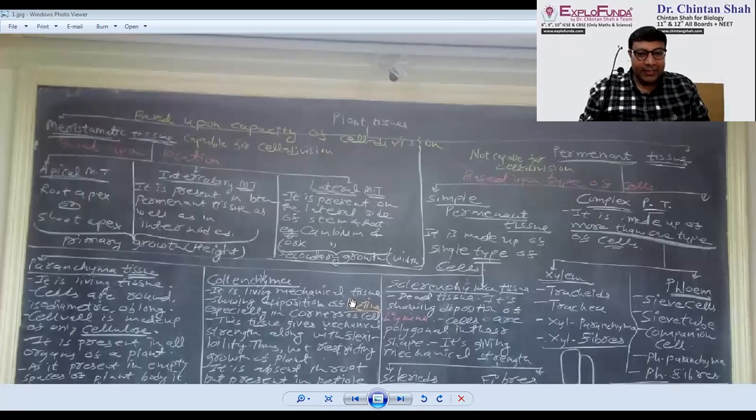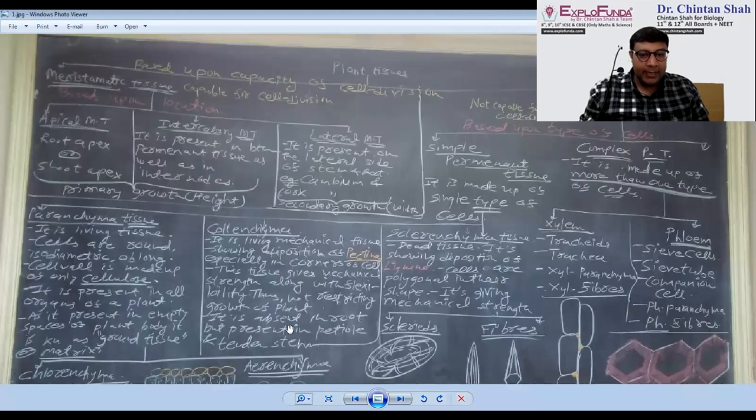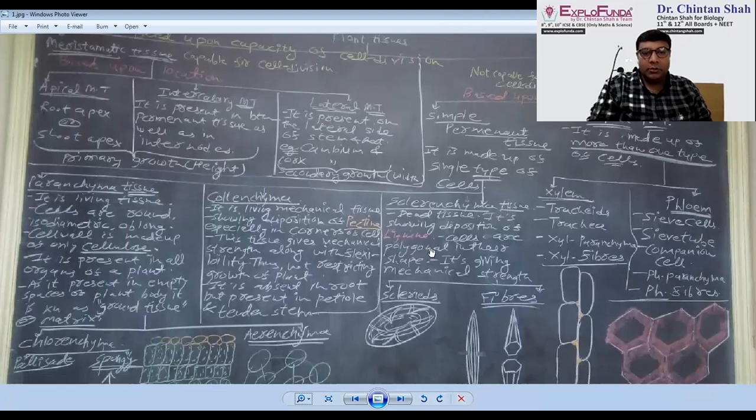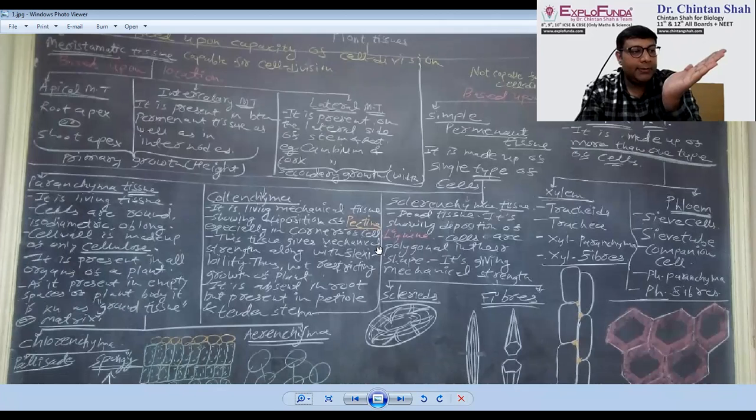So you can see over here the collenchyma is there. After that there is sclerenchyma. I already told you about collenchyma. It gives flexibility along with mechanical strength, and that's why it is present in the petiole. That's why the petiole can flutter in the strong wind.